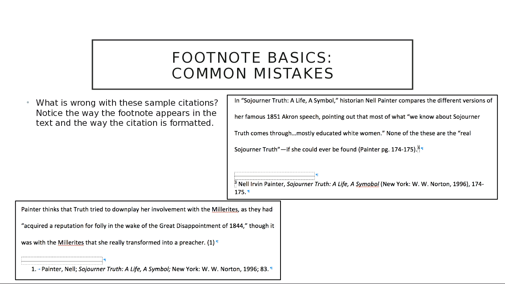We're using wrong punctuation. We have a semicolon here, a semicolon here, semicolon here. We don't need to ever use semicolons within references. We're in a footnote, we use commas. I'll talk more about that. And we never need to put the last name first in a footnote because they're not organized alphabetically. So it always goes first name, then last name.